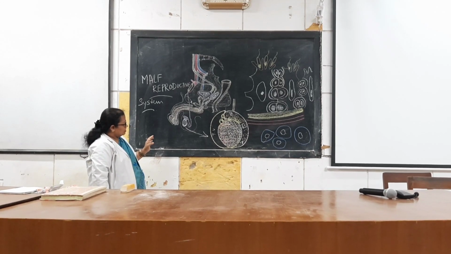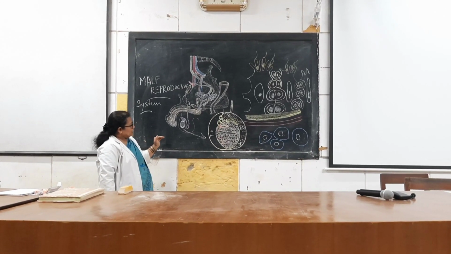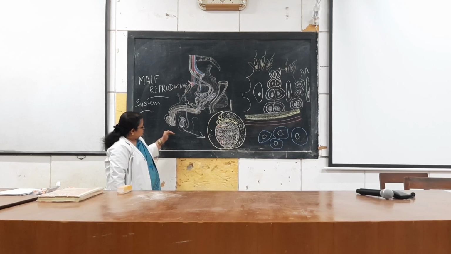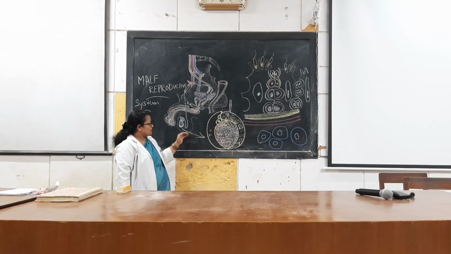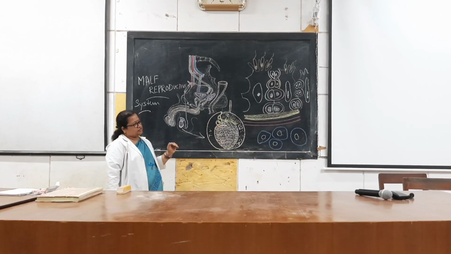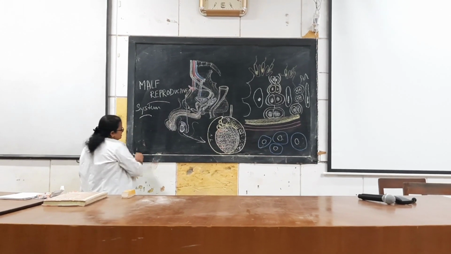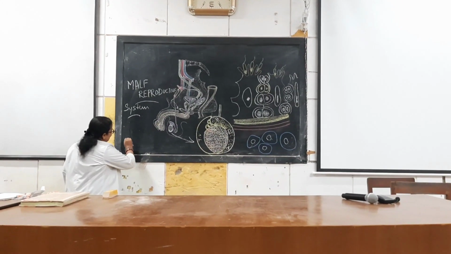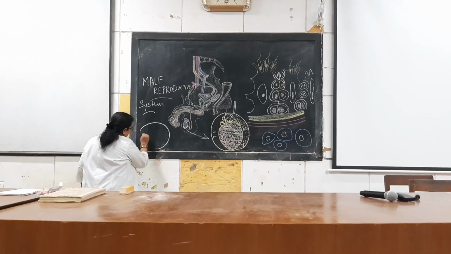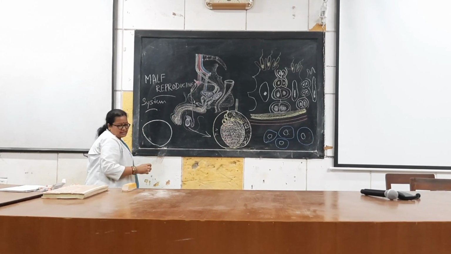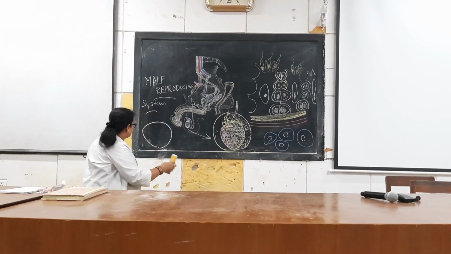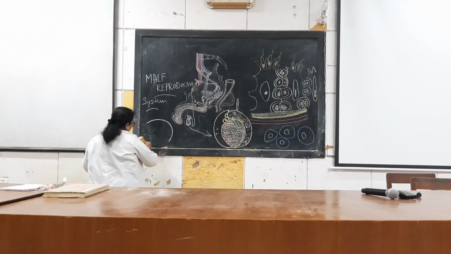Now we will go into detail with the seminiferous tubules. If we take a cross section of a seminiferous tubule, what will we get? The seminiferous tubule is lined by 2 types of cells.